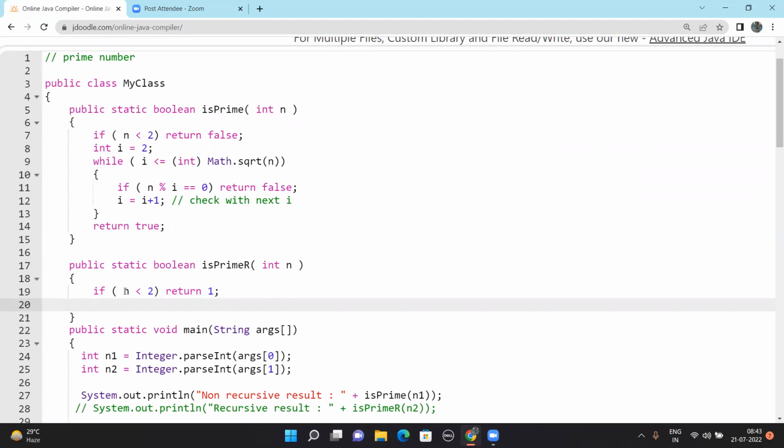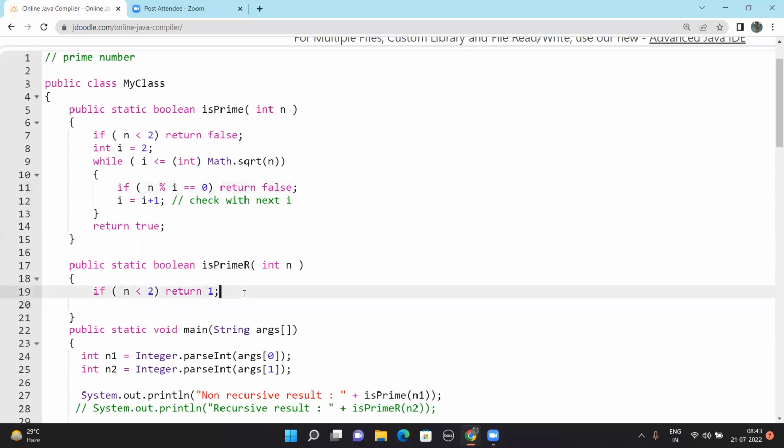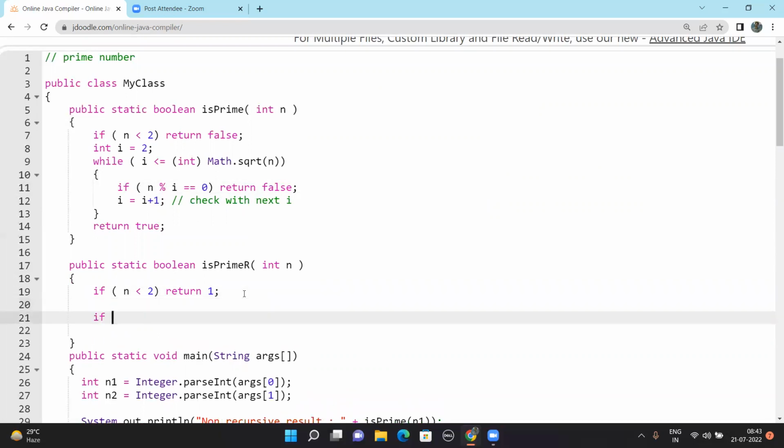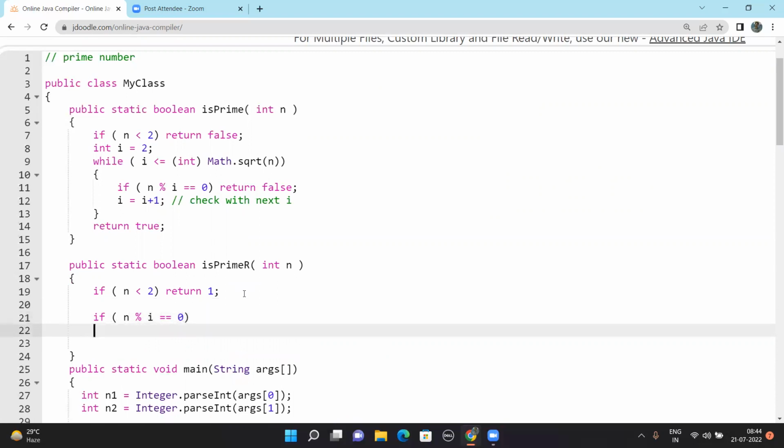Now here, if n is divisible by i, that is n mod i equal to 0, you return false. Okay.